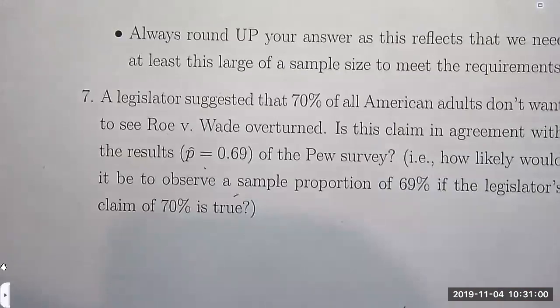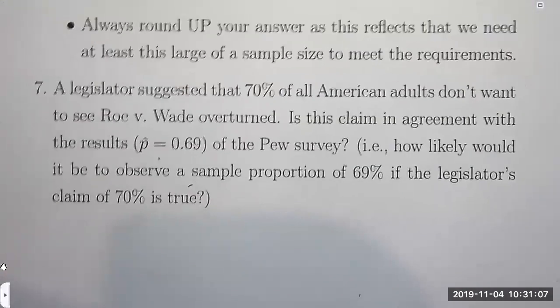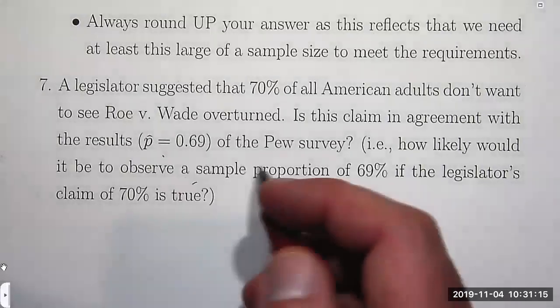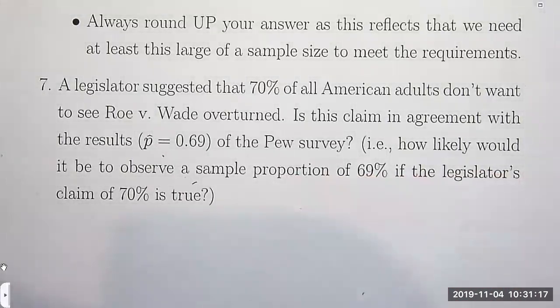All right, so let's look at this. So we got 70% on number 7. Don't want to see Roe versus Wade overturned. Is this claim in agreement with the results, p hat equals 0.69, of the Pew survey? That is, how likely would it be to observe a sample proportion of 69% if the legislature's claim of 70% is true?